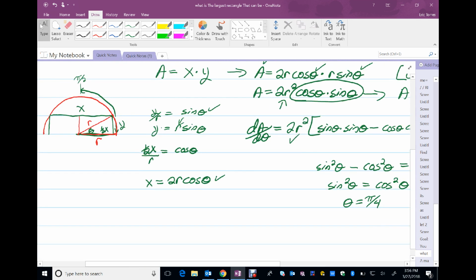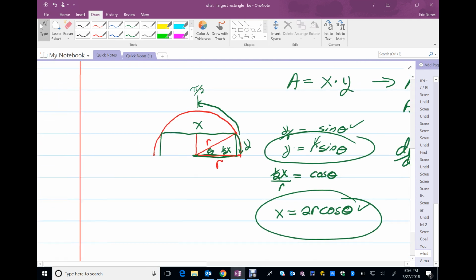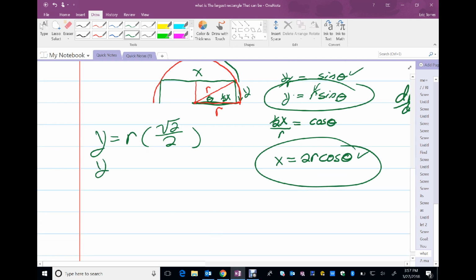And the dimensions, I can find the size of x and y with substitution. Let's do y first. Y equals r times the sine of theta, and the sine of pi over 4 is square root of 2 over 2. So y simplifies a little bit, r square root 2 over 2, and then x equals 2r cosine of theta, and cosine is square root of 2 over 2.